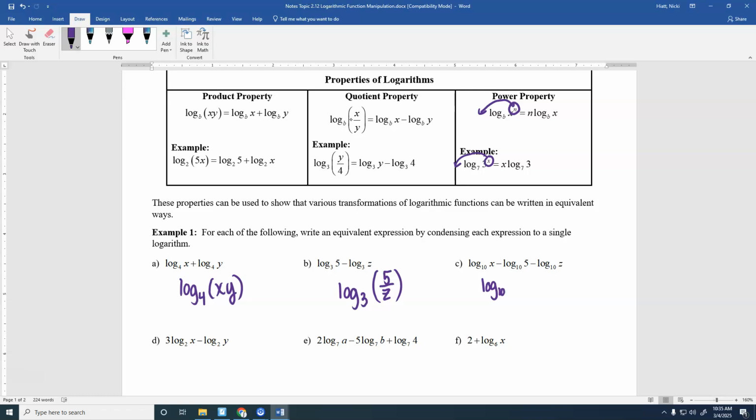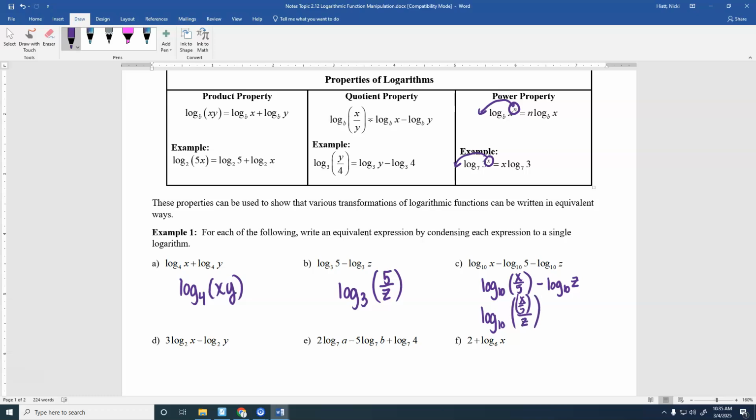If you just wrote log, that would be fine because it's the common log, but AP pretty much always puts that there. So I've got x divided by 5, and then I would have log base 10 of x over 5 divided by z.